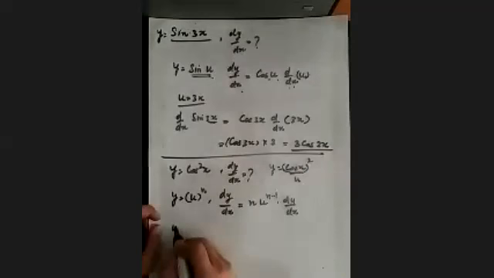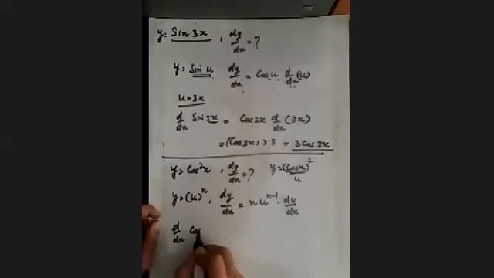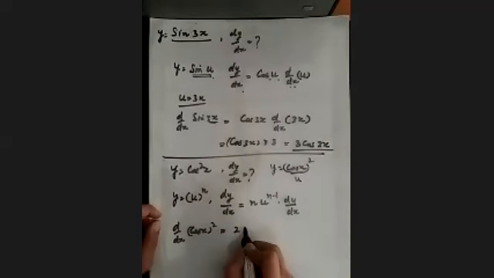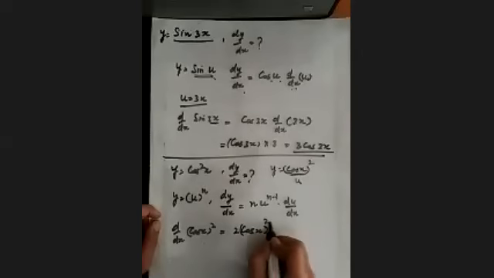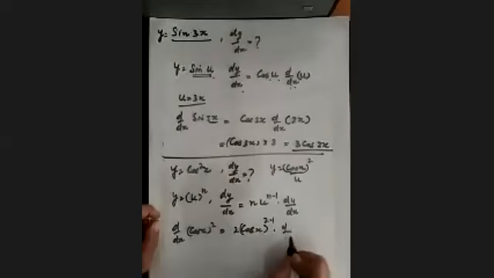So therefore d/dx of cos x whole square is equal to twice cos x, and its power is 2 minus 1, into differentiation of u, which is cos x.